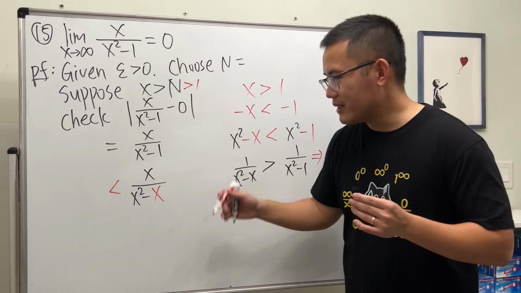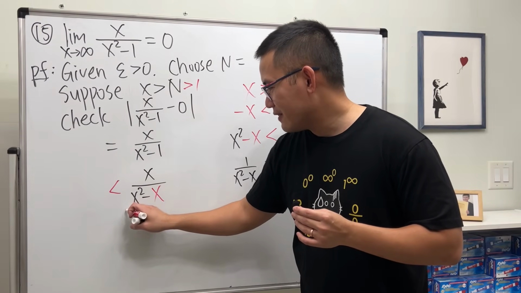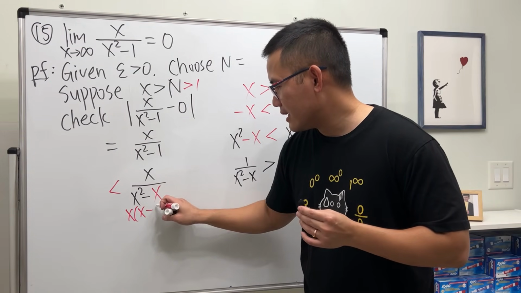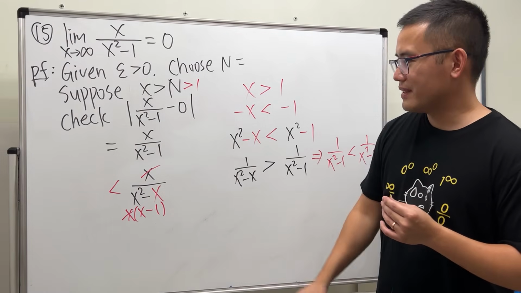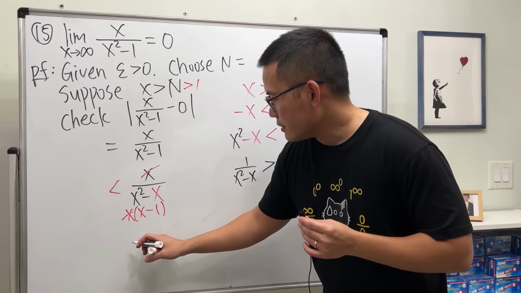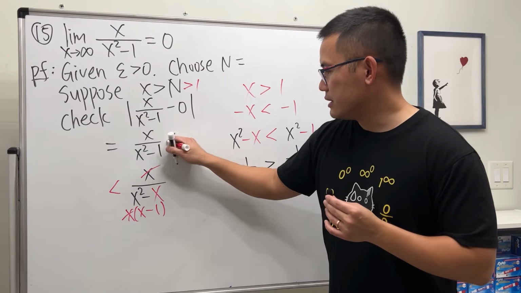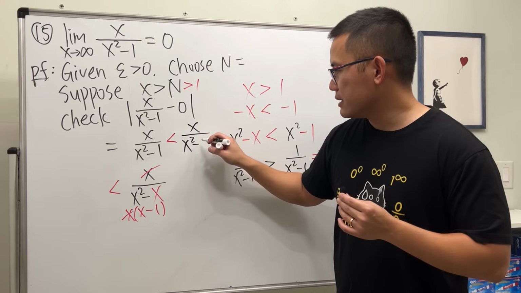Alright, so hopefully this is clear. Now, that being said, I can factor out the x and then cancel this out. I cancel this out. Perfect. Yeah. So let me actually put it down here. This is less than originally x over x squared minus x.